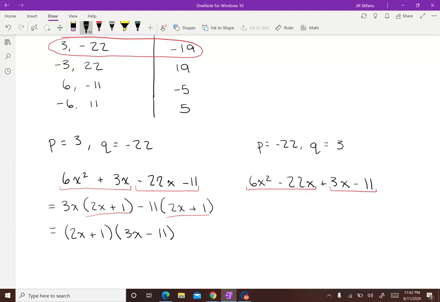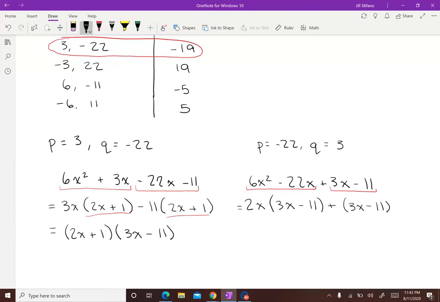So here we would get 2x, and then we're left with 3x minus 11. Great. And then for the second, the GCF of 3x and negative 11 is 1. They don't have a common factor besides 1 or negative 1. So let's just keep it as 3x minus 11.